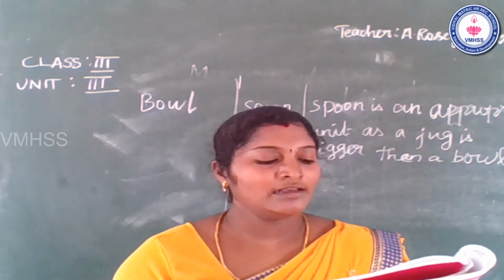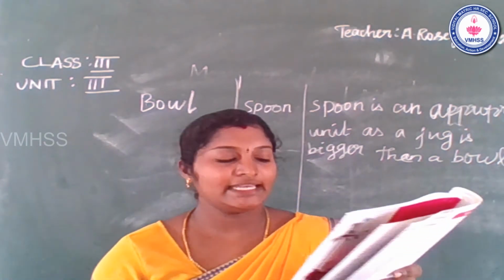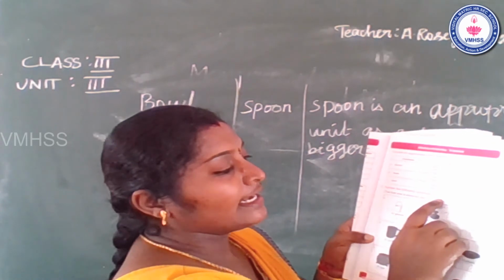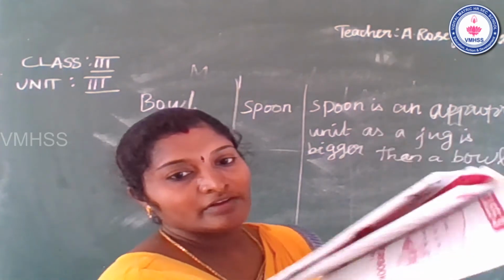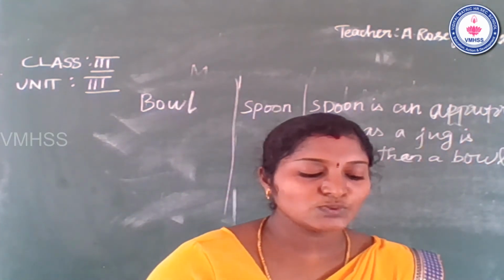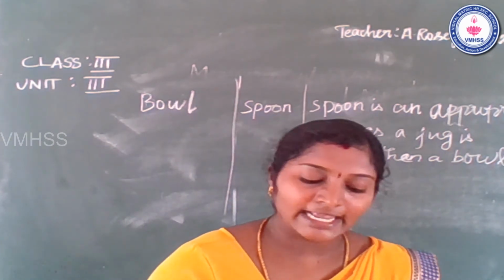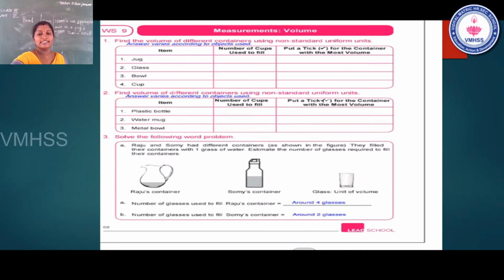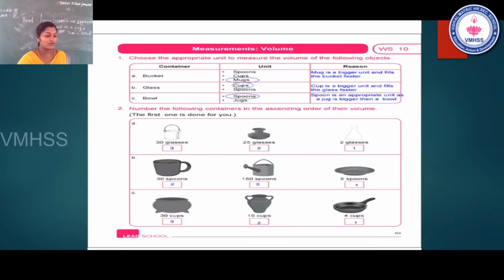Now number the following containers in ascending order of their value. The first one is 30 glasses. The second one is 25 glasses, and the third one, see the next slide, is 2 glasses.